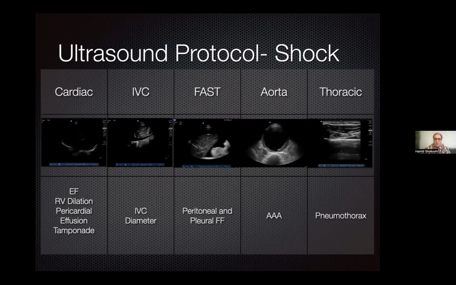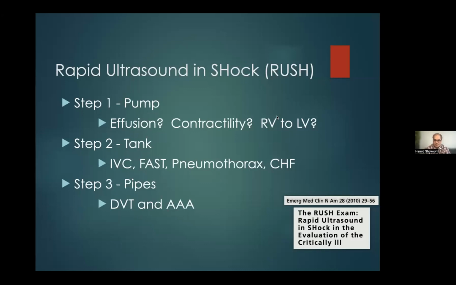Do you think all of them have the same value for a patient with shock? Absolutely not. With pneumothorax, you see it in 1 in 150 cases. With cardiac, almost every 2 cases that you scan, you find something new. But these are mainly the components of the shock protocol plus DVT, which is part of the RUSH.